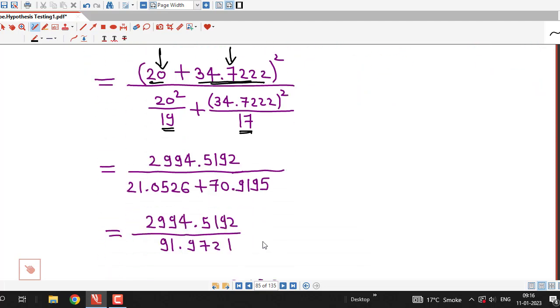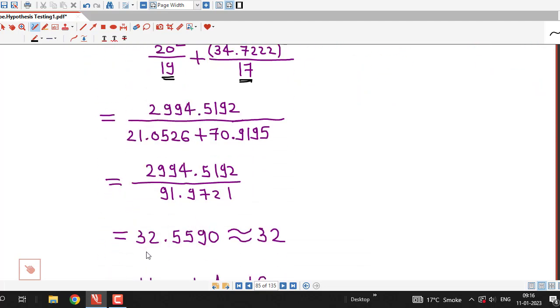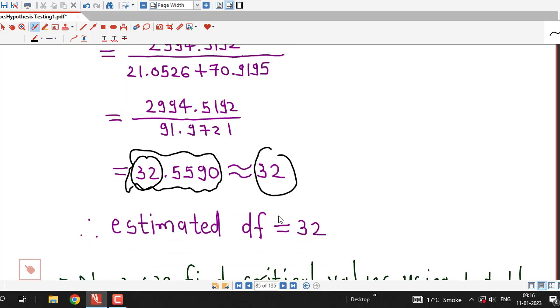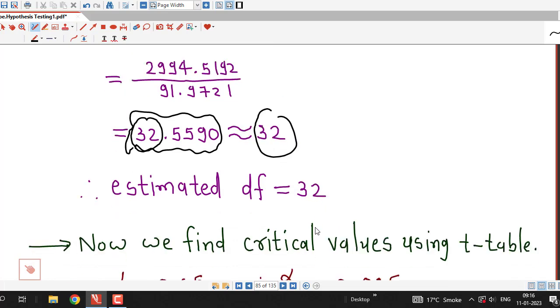And using a scientific calculator, we find this estimated degrees of freedom equal to 32.5590. But we round down to this integer 32. Therefore, estimated degrees of freedom are 32. And now we can find out critical values using the t table.